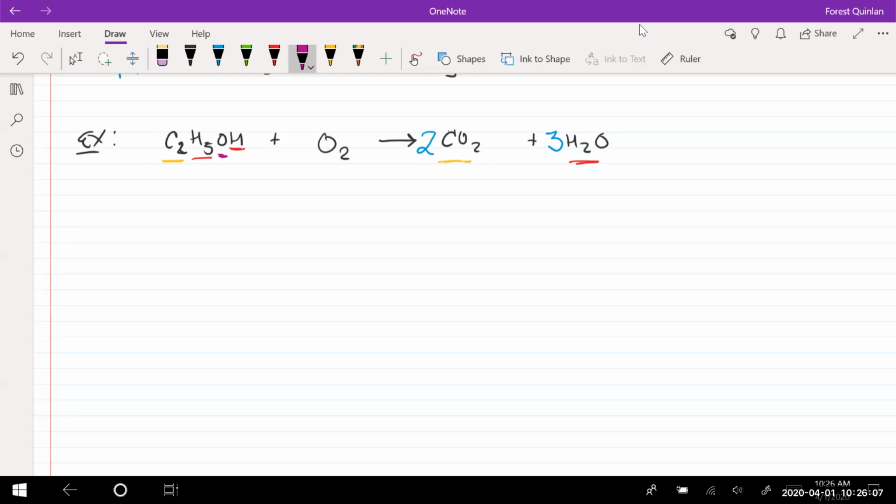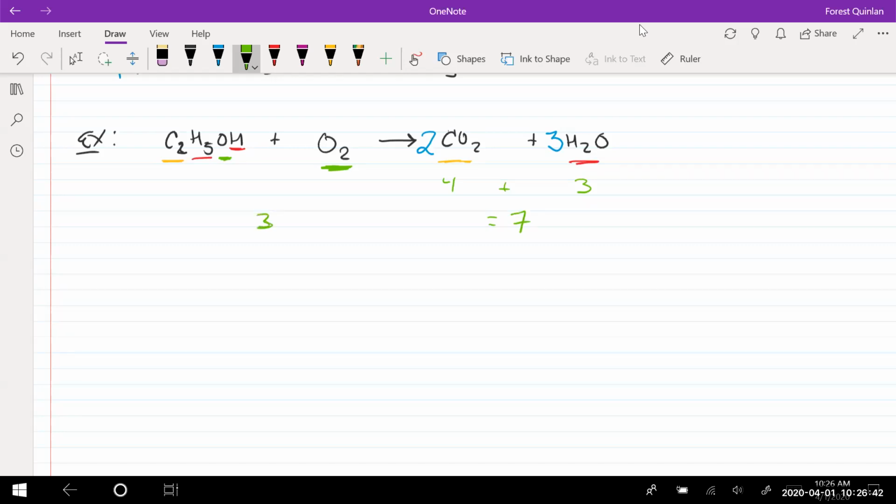Now let's go to oxygen. 1 oxygen on the left. Plus CO2, 3. And on the right, 3 and 4, 7. Okay. So we have 7 and 3.